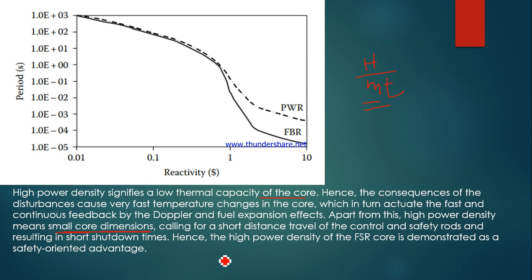The core dimensions are very small. So if you consider this, then by the very short travel of the control and absorber rod drive mechanism, it can be controlled or shut down very easily.